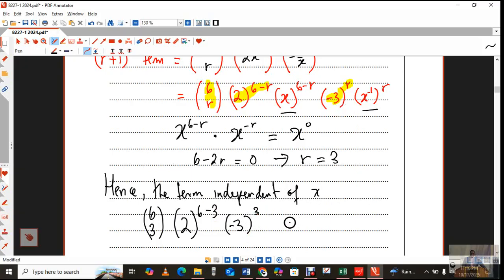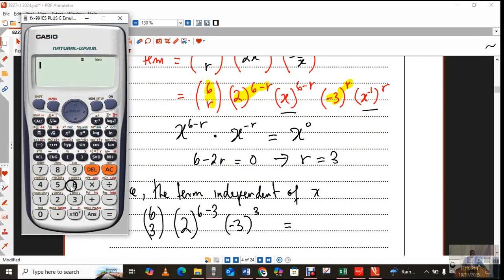And then we can go ahead and calculate what this is. 6 choose r, you can use your calculator. 6 choose 3 is 20. And 2 raised to the power of 3 is 8, so I'm going to multiply that by 8.